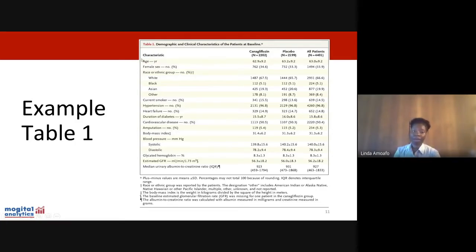If you have a continuous variable, you could give the mean plus or minus the standard deviation. If that continuous variable is very skewed, you could give the median and the interquartile range instead, and not the mean and standard deviation, because they are not robust to outliers.